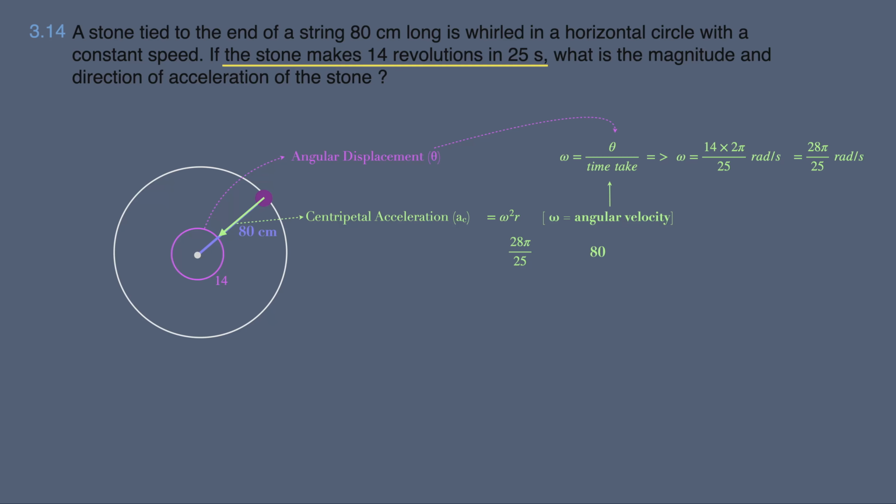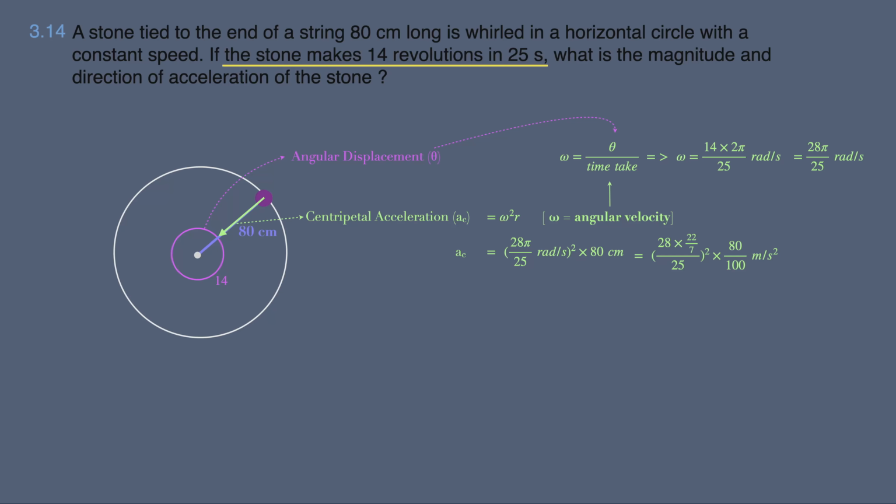Therefore, a_c equals (28 pi by 25) whole squared multiplied by 80 centimeters. Now we can replace pi with 22 divided by 7, and we have to be careful with the radius. The string length is given as 80 centimeters. We need to convert the radius into meters. So 80 centimeters equals 80 divided by 100 meter. Let's simplify this equation.